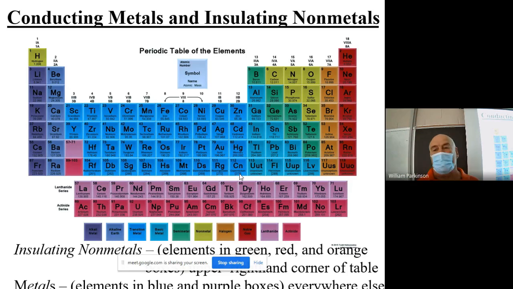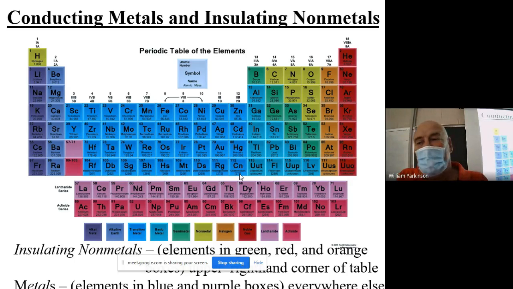Most of air is made of O and N. Most of air, and actually it's got CO2 and things like that in it too. These are all non-metals put together to make up the air. Air is a good insulator. Most of the plastics are made out of carbon, chains of carbon with hydrogen, and a few other dabblings of things.